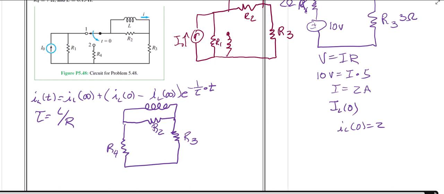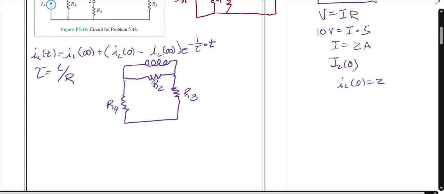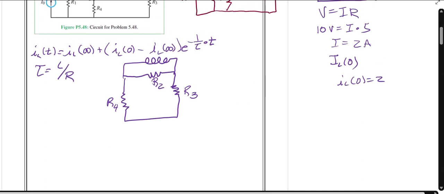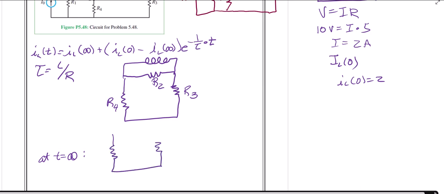The inductor is going to be acting as a source during this time period while there is activity going on. But eventually, it's going to discharge because there are no real sources. And so at infinity, it's going to look like this. And since there are no sources, we can say that IL at infinity is going to be 0.